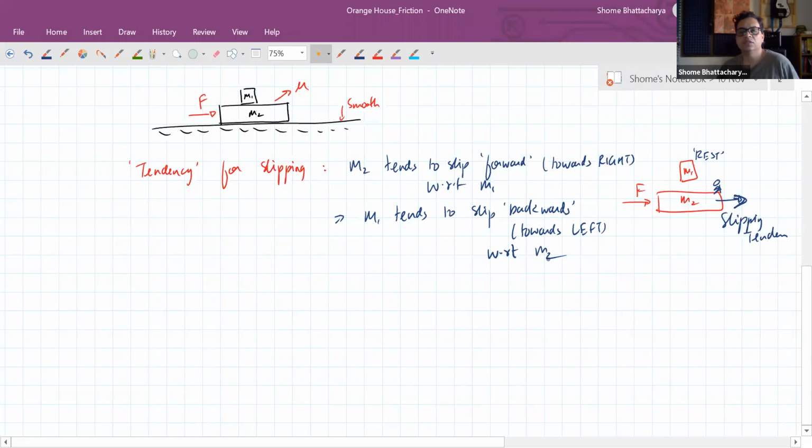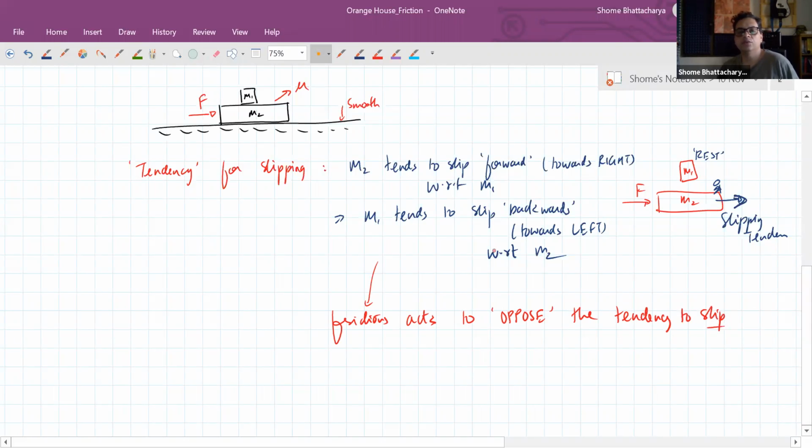So with respect to the lower block, the tendency for the upper block slipping is towards the left. So what will happen is friction will oppose this tendency. Friction acts to oppose the tendency to slip.